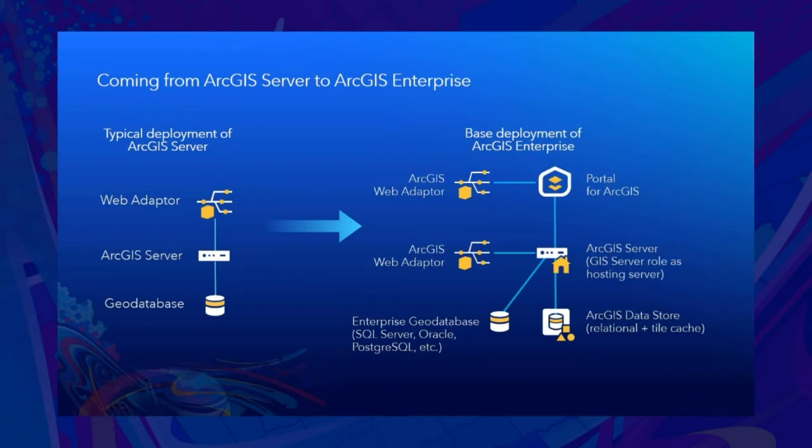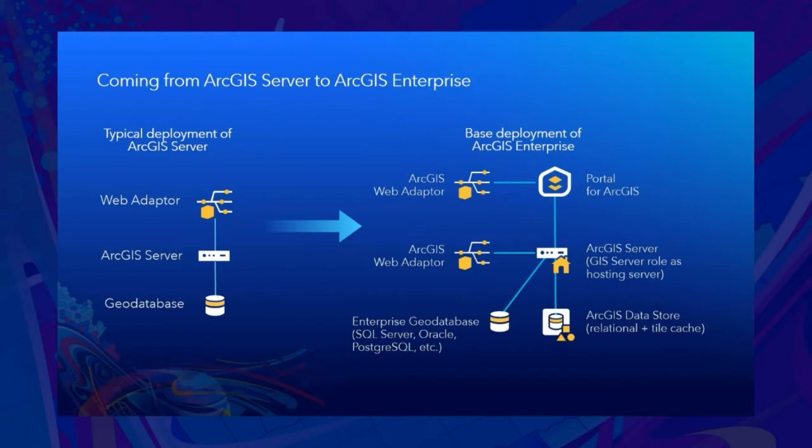However, as we move towards the more modern GIS environment, we look towards a base deployment of ArcGIS Enterprise, which is going to give us a whole lot more capability. And so that is made up, as we talked about briefly a few slides earlier, of the Web Adapter, in this case two of them, one for Portal and one for ArcGIS Server.